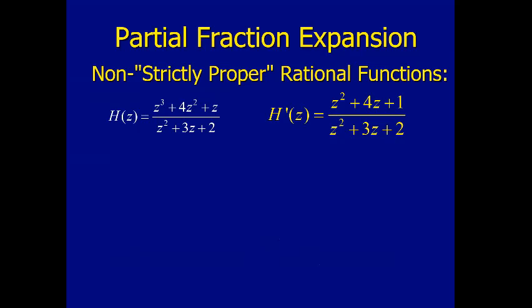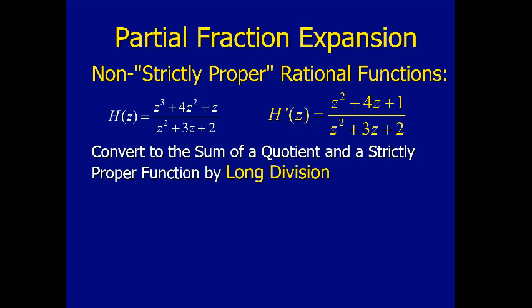Lastly, if you don't have a strictly proper rational function, it has to be. If we started off with a higher order in the numerator than the denominator, then we'll still have a not strictly proper rational function when we take 1 power of Z away.